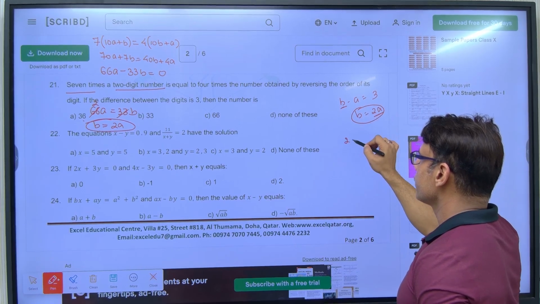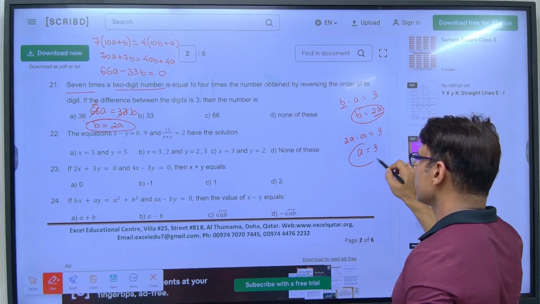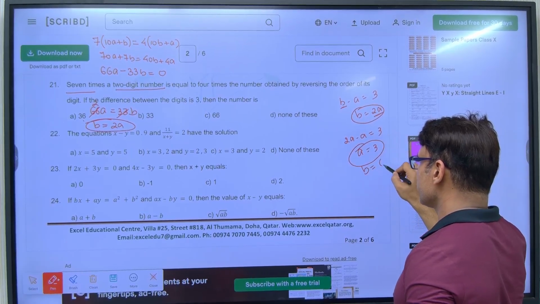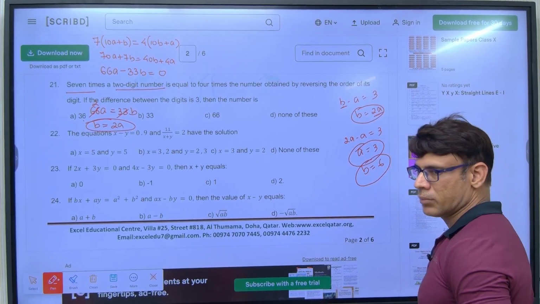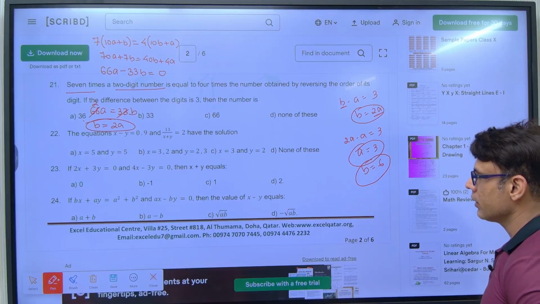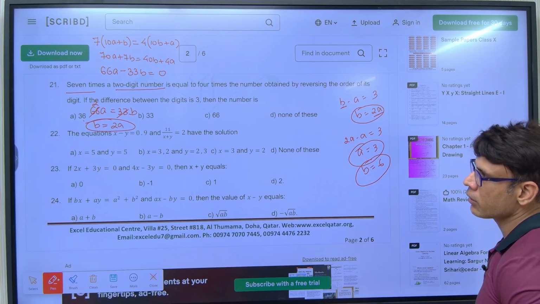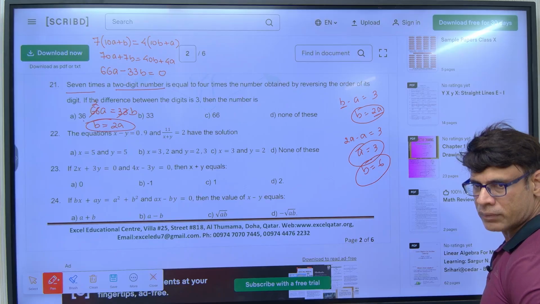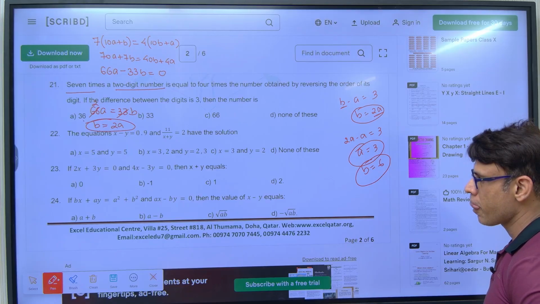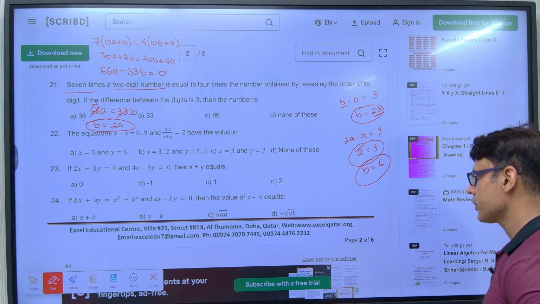Here 2a minus a is 3. a is equal to 3. b is equal to 6. The number is 36. Not necessarily will you get it from the options every time. There is a possibility that all 4 options have a difference of digits as 3. Understood? Yes. Okay.